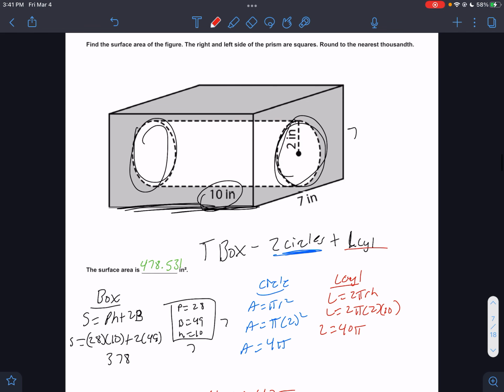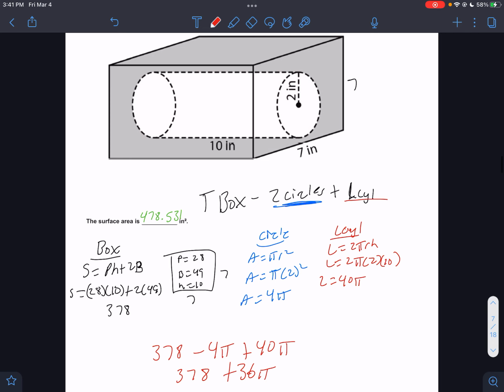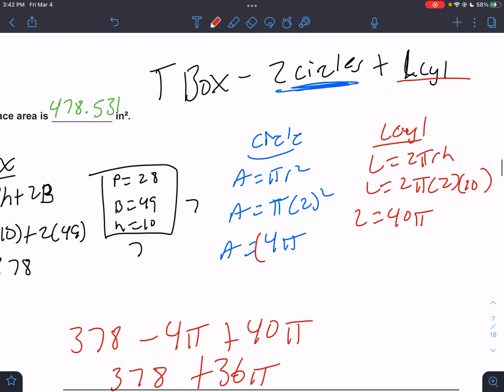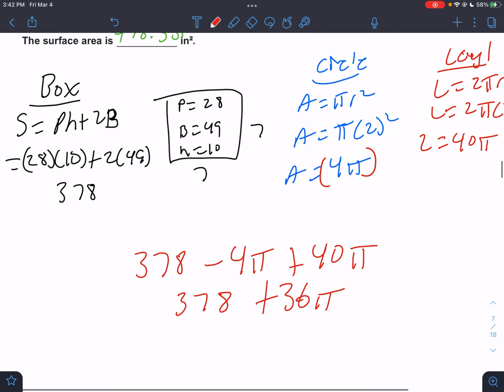So the base would be 7 by 7. The height is 10. Let me erase all this junk. The radius is 2. So the area, 2 circles. I just did 1 circle. There's 2 of those. So 2 of them, 2 A's would be 8 pi. So it's minus 8 pi.